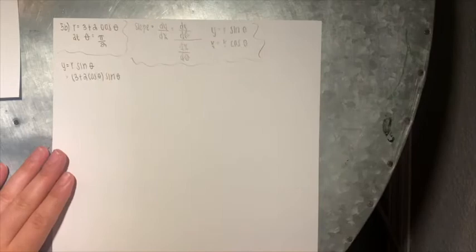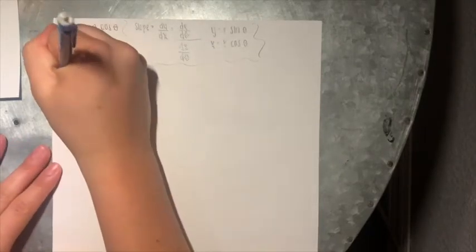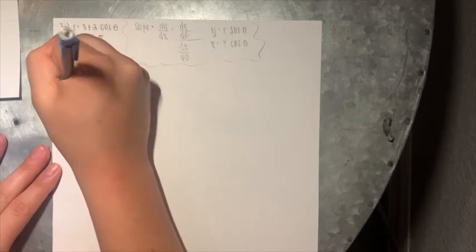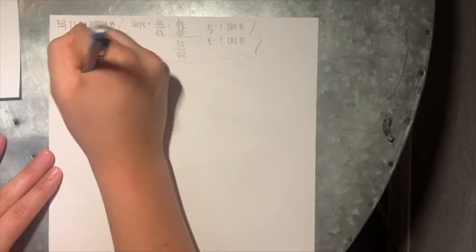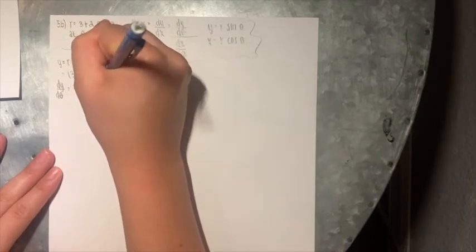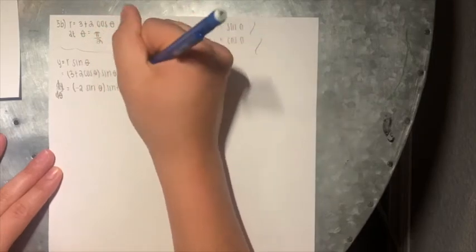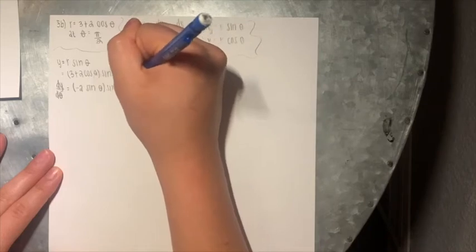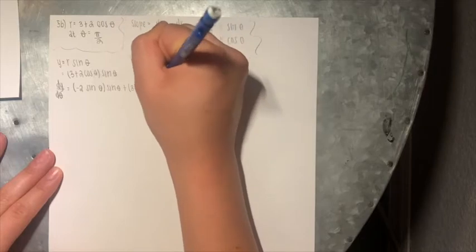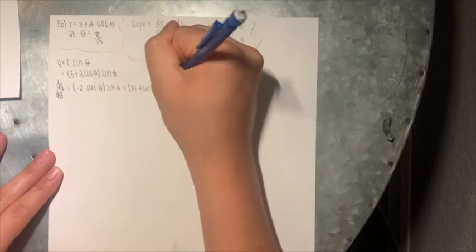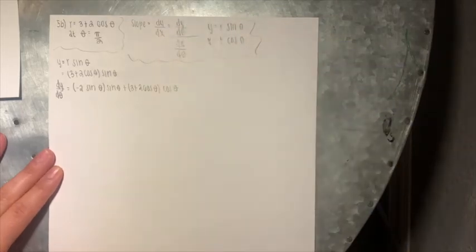Using the product rule, we want to find dy d theta, which will equal -2 sine theta times sine theta plus 3 plus 2 cosine theta times cosine theta. Okay, just take a second.